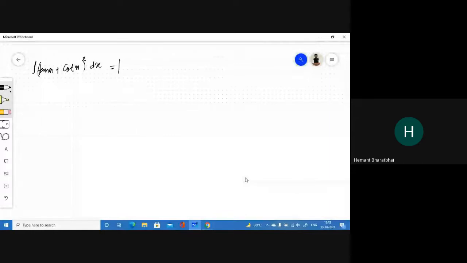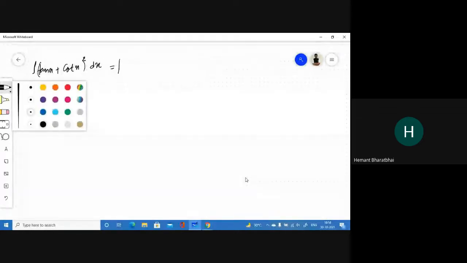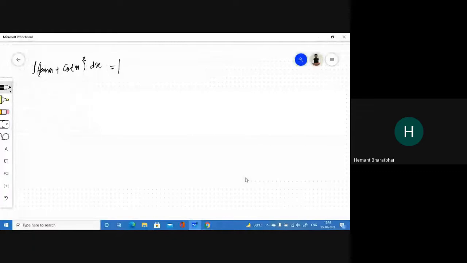I'll just expand this: a square plus b square plus 2ab. So this will become integration of tan square x plus cot square x plus 2 times tan x into cot x, the whole dx.